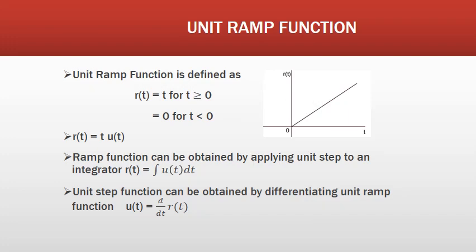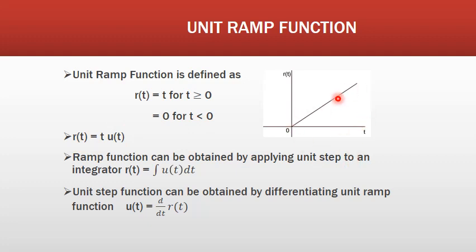Next standard continuous time signal is unit ramp function. It is denoted by r of t and is defined as r of t is equal to t when t is greater than or equal to 0, and it is 0 for t less than 0. The ramp signal is shown in figure.